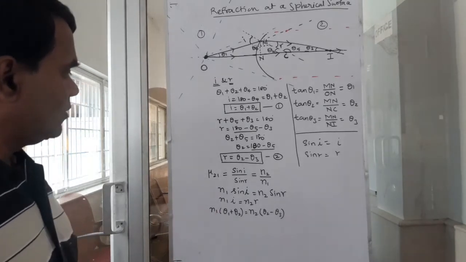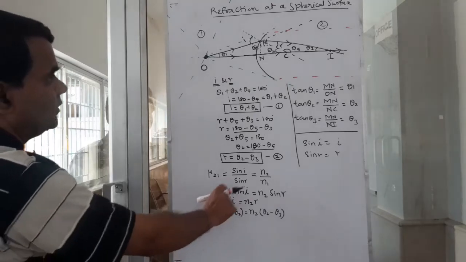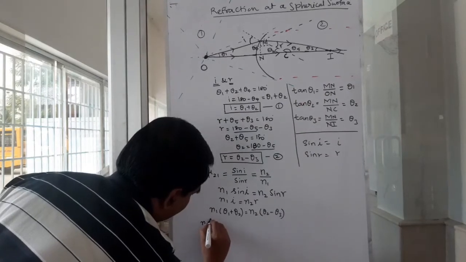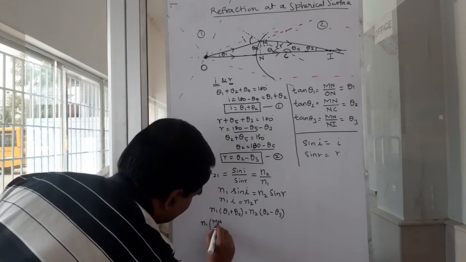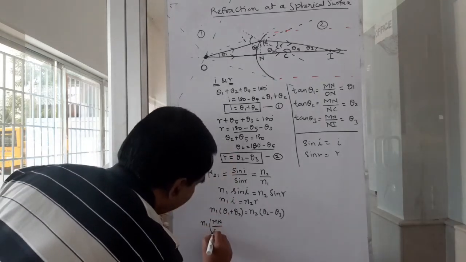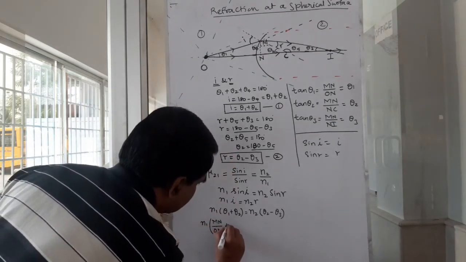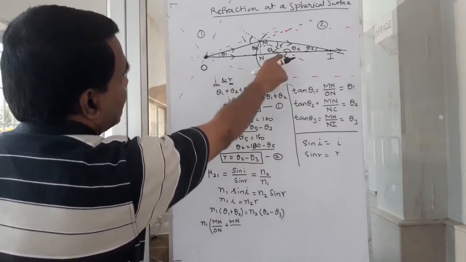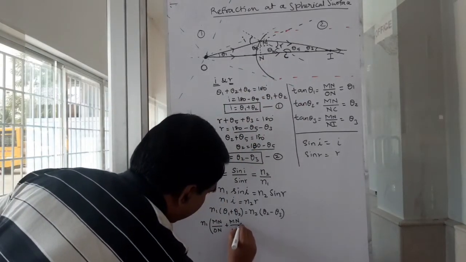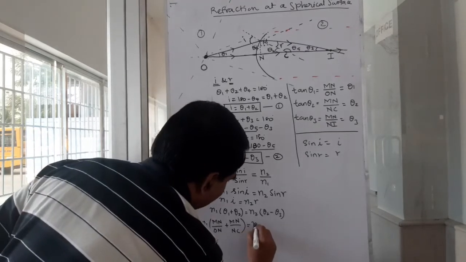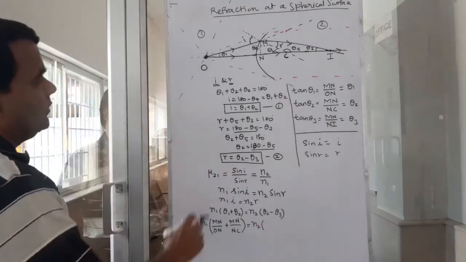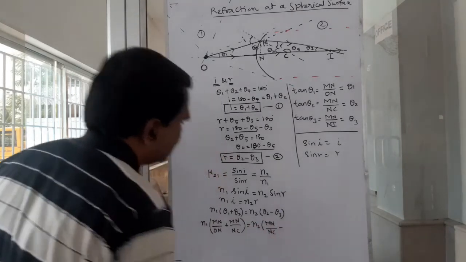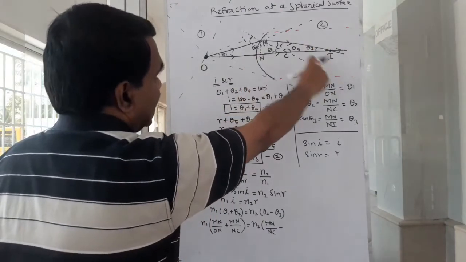So, what is theta 1? Theta 1 is MN by OL. So, n1 into MN by OL plus MN, theta 2 is NC, is equal to n2 into theta 2, MN by NC minus theta 3, MN by NI.